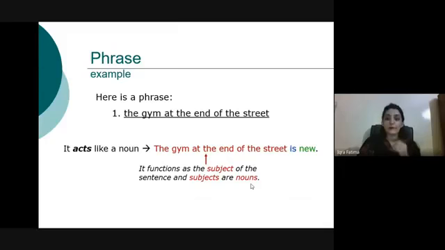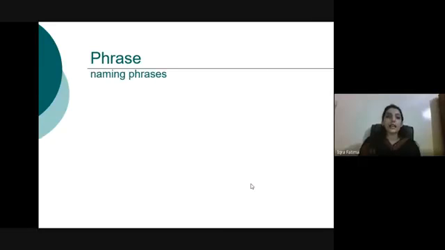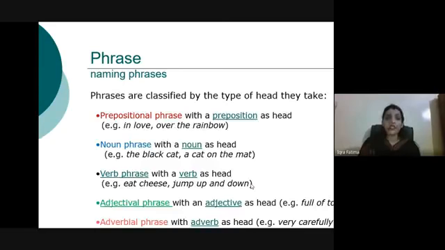Okay. So now the question is, how will we know that this group of words is a noun phrase, or if this group of words is a prepositional phrase, etc.? So we have different types of phrases. How do we classify the phrases into different types? This is the question.